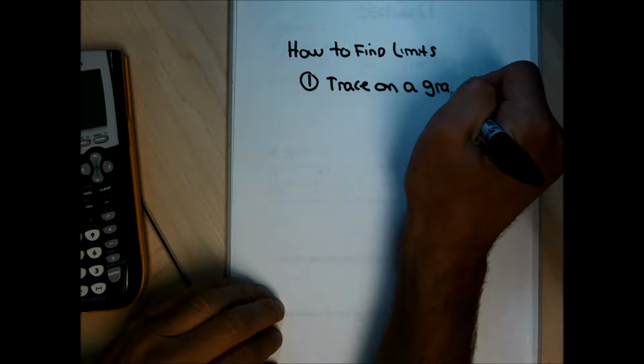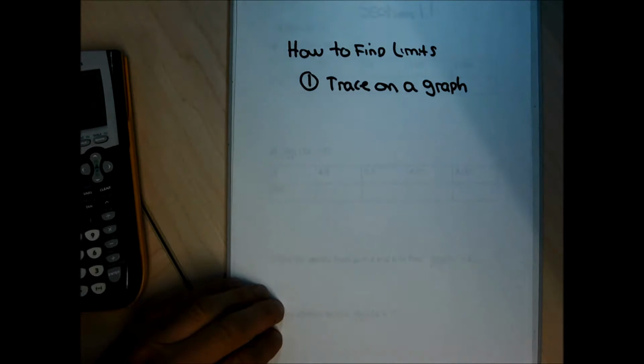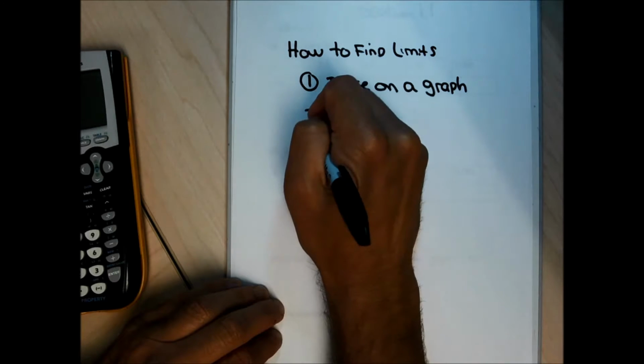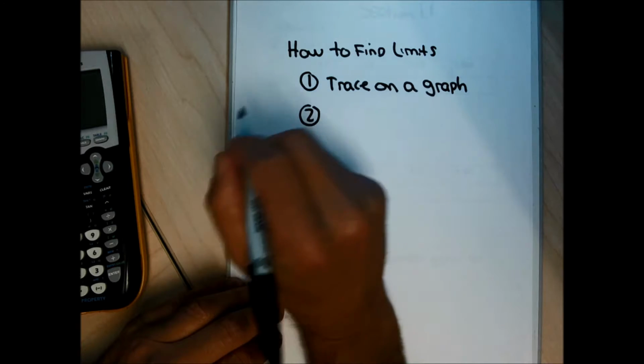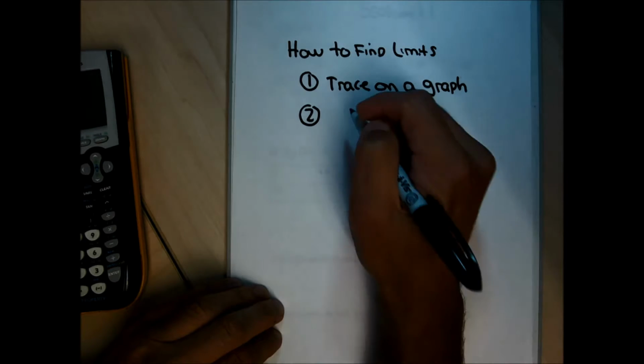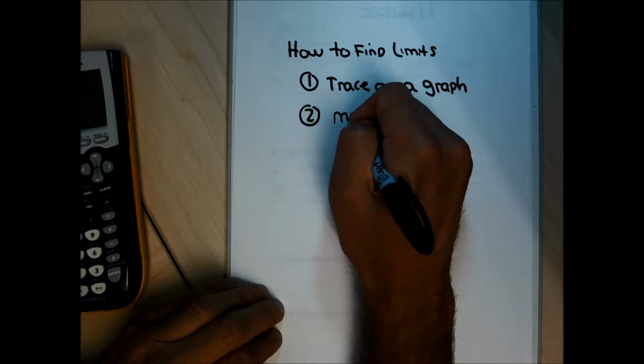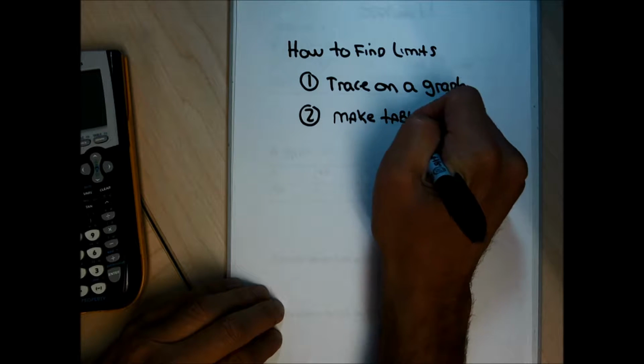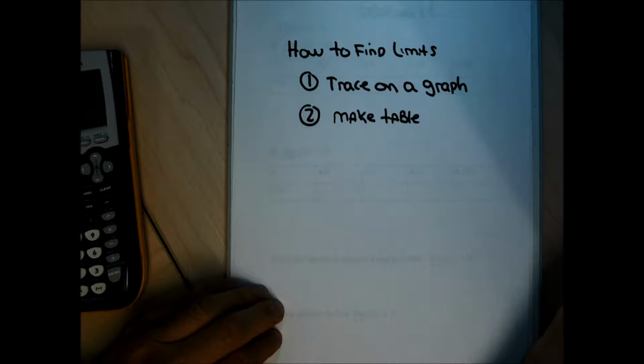And if you're not given a graph, then tracing on a graph isn't much of an option unless you can create a graph. The second thing we can do, and this is usually if I'm not given a graph, is I can make a table to find both a left and a right-hand limit. This is probably the least desirable way.